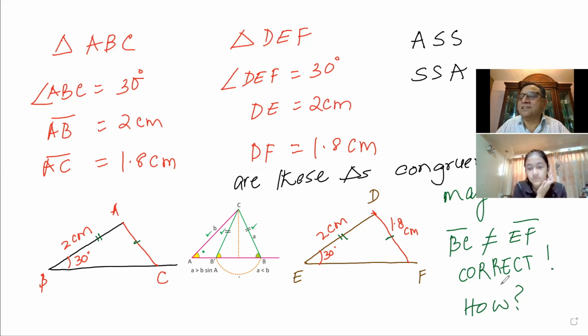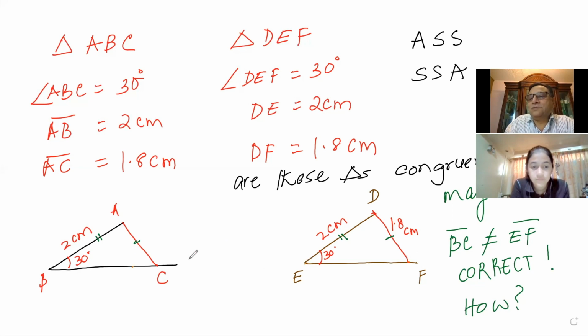If I leave it like this, they can be congruent. But now we know that this is not congruent. That is why the thing is, how can this be different? But the side we maintained as 1.8 centimeters. This is what we have to think. How will you think and how will you do it?